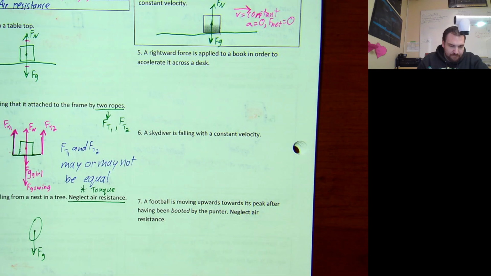What's acting? An applied force, a normal force, and gravity. Gravity acts which way? A normal force acts which way? So normal's which way? Straight up. The applied force, which way do you want it?